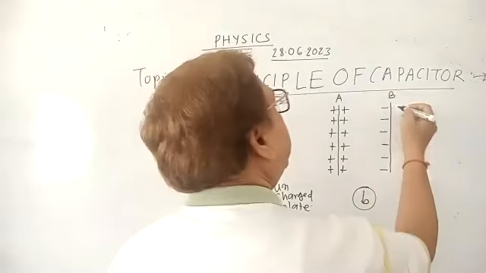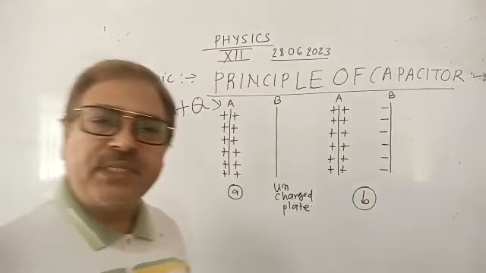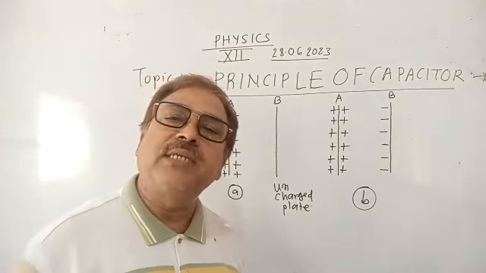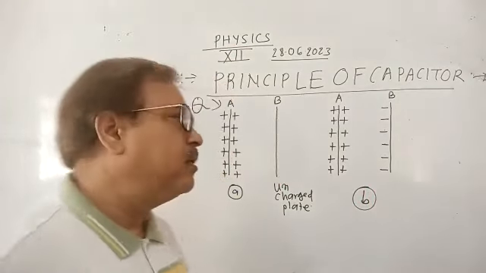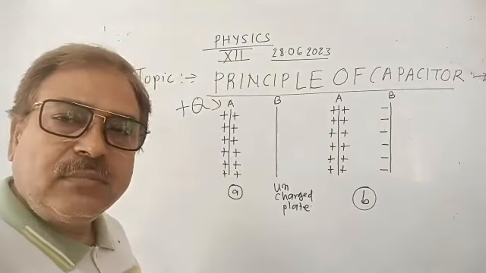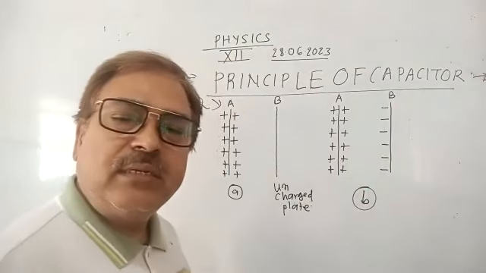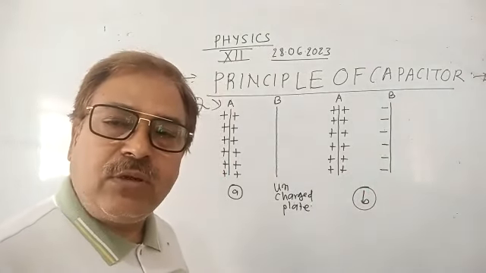So similarly, on the left side of the plate B, due to induction, induced negative charge is produced. At the same time, on the right side of the second plate, induced positive charge is also produced.